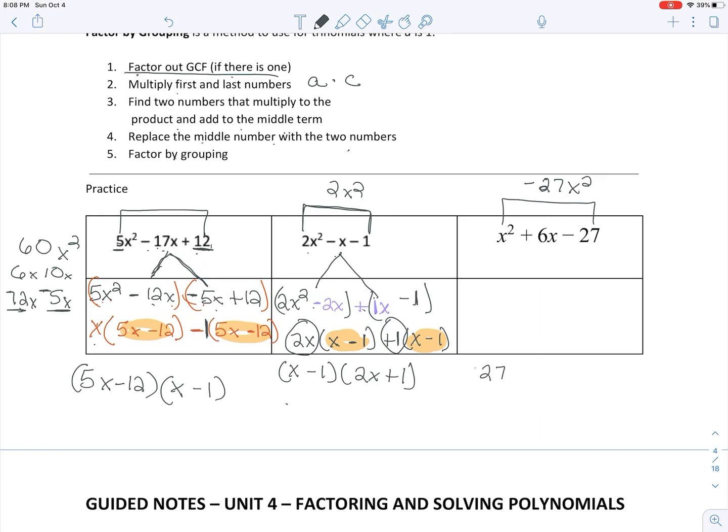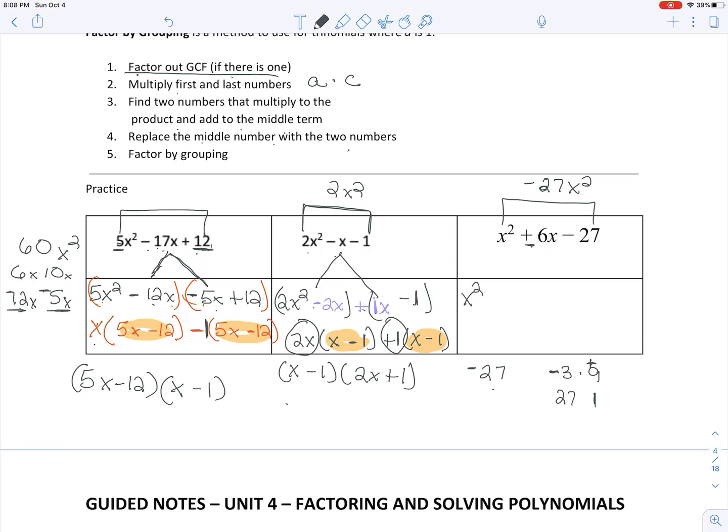So let's come down here and let's brainstorm. So negative 27, what two numbers can I multiply to get negative 27? I know 3 times 9, 27 times 1. I don't think there's anything else that I can multiply. So if I want a positive 6, one of these has to be positive, one of them has to be negative. If I want a positive 6 in the middle, then I do a negative 3 and a positive 9.